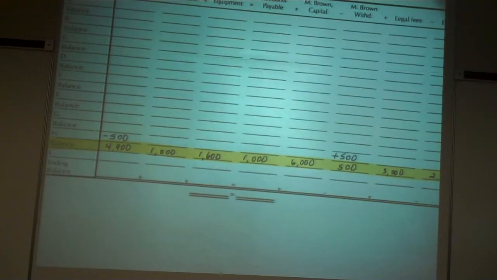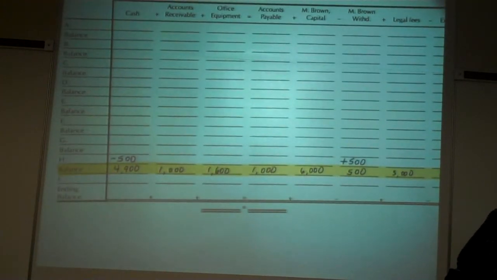I received $500 from customers in partial payment for legal services performed. And it was transaction, what was it, transaction 6? Yes. So it was really transaction F. It should have been labeled as F. It was the sixth one that we did.